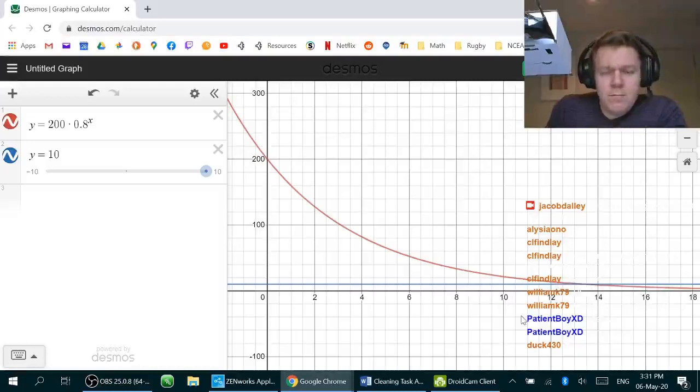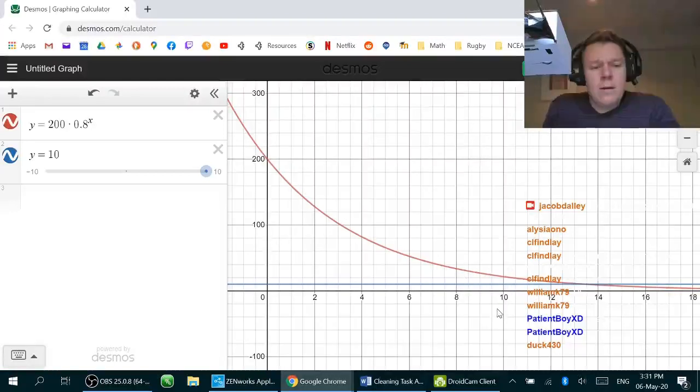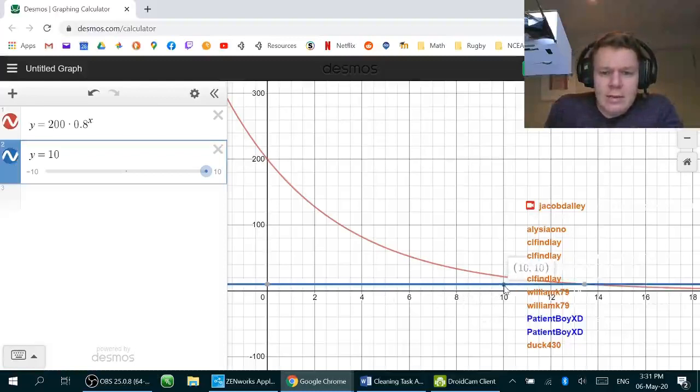But say you knew one point of data was that the last 10 people to have coronavirus happened on day 10. So you wanted it to go through 10, 10. How do you change your exponential graph?